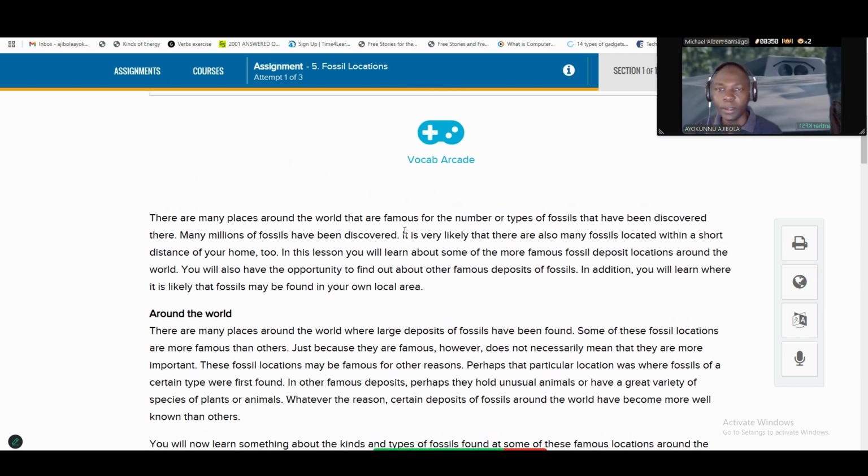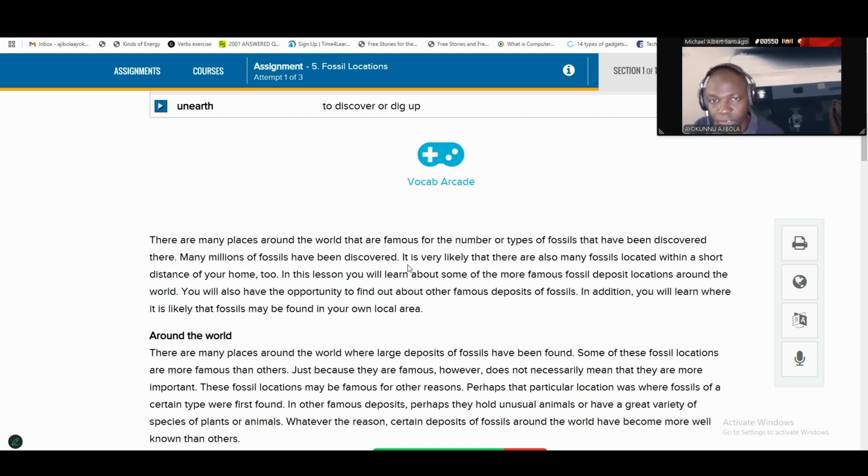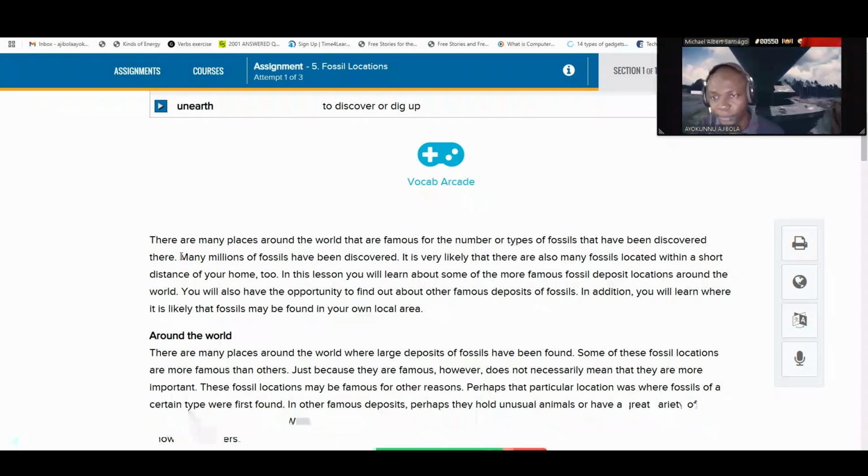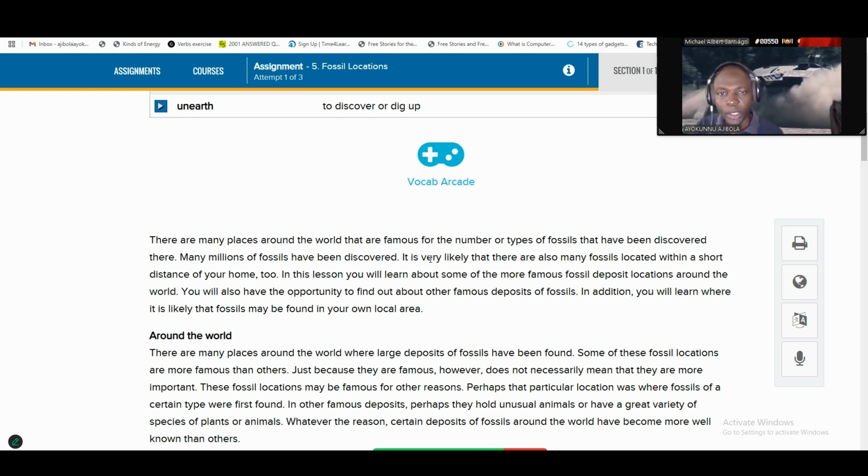There are many places around the world that are famous for the number or types of fossils that have been discovered there. Many millions of fossils have been discovered. It is very likely that there are also many fossils located within a short distance of your own house, too.